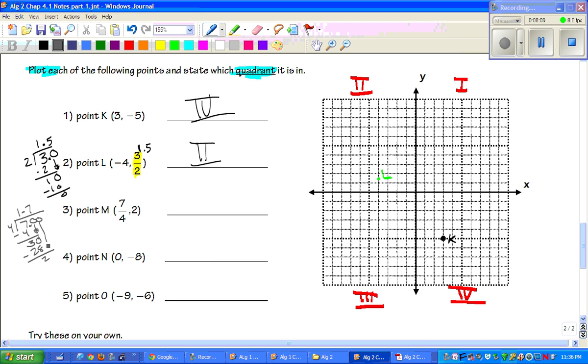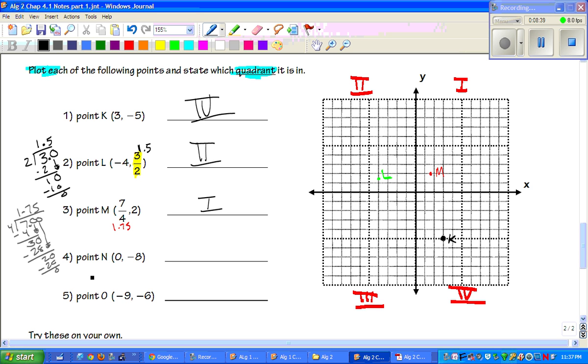Oh, we're not done, so we have to add another 0. And 4 goes into 20 exactly 5 times. So that number is really 1.75. So 1.75 is right around here. Then we're going to go up 2 and just do your best job where it goes. That's M, and that's in quadrant 1.